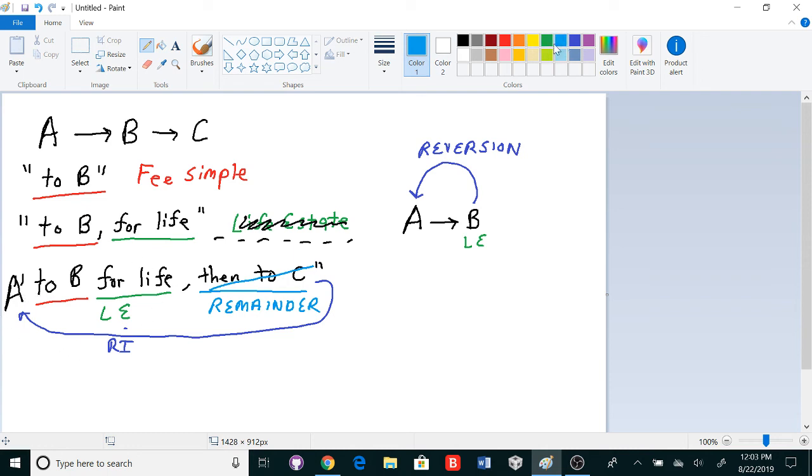Now, I think a lot of times in school, people kind of just skip right over that. Oh, okay, it's a remainder, I get that. But it's important to remember that a remainder follows a life estate. So if there's one thing you're going to take away from part 1 of this video, it's that the life estate is followed by a remainder.